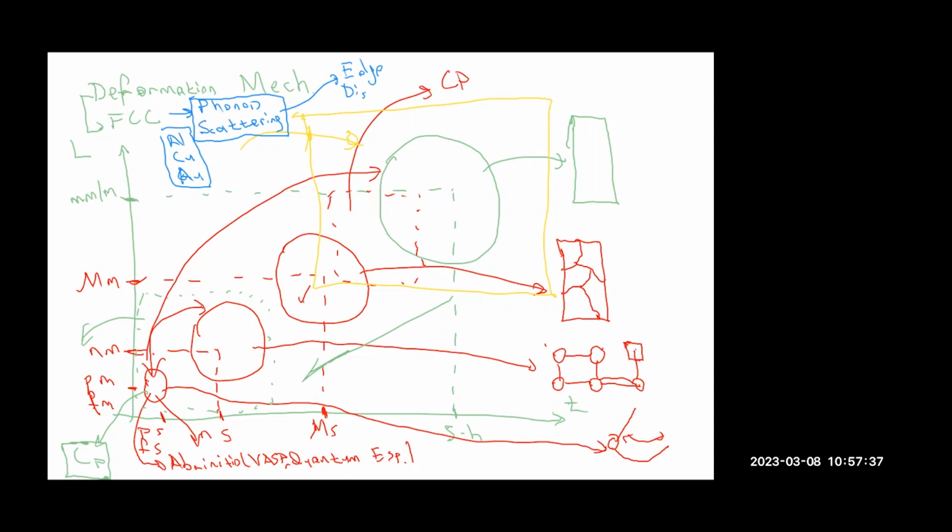But BCCs are different. They are very strong, but they are very brittle. And FCC, they are weak, but they are ductile. The difference is the deformation mechanism of FCC is mostly phonon scattering, but for BCC, we need some thermal activation.